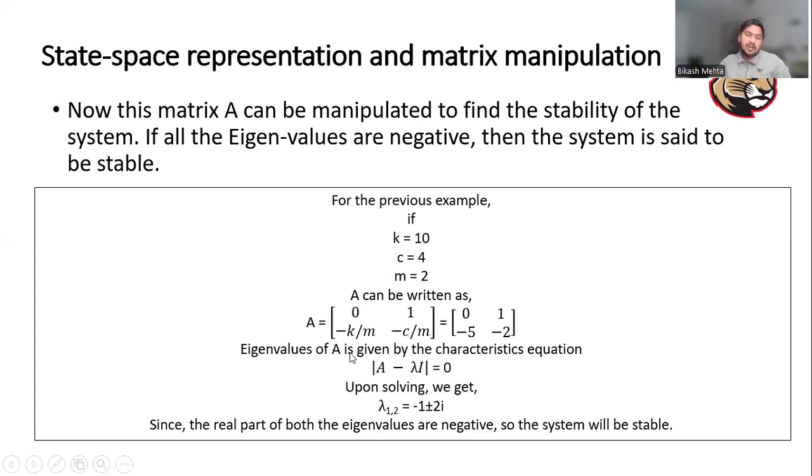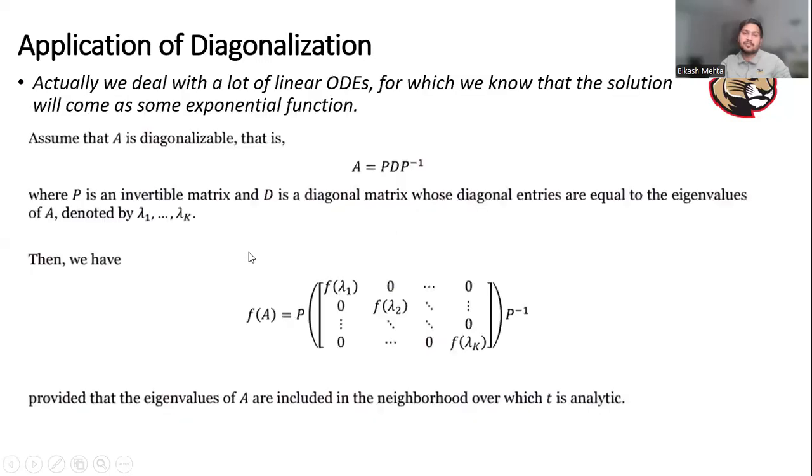Later on, I can solve the characteristic equation to find the eigenvalues as -1 and -2. Since the real parts of all eigenvalues are negative, the system will be stable. If any of the eigenvalues is positive, then the system will be unstable, and if the eigenvalues are zero, then the system will be critically stable.